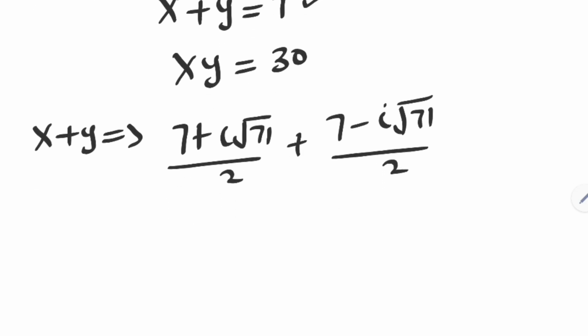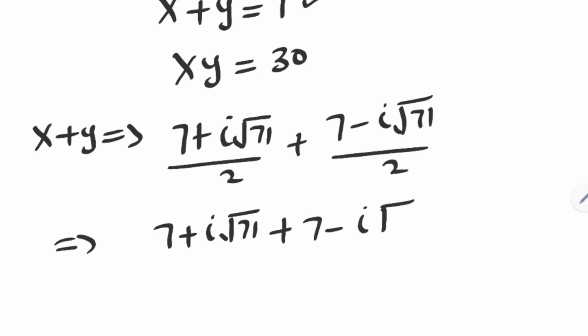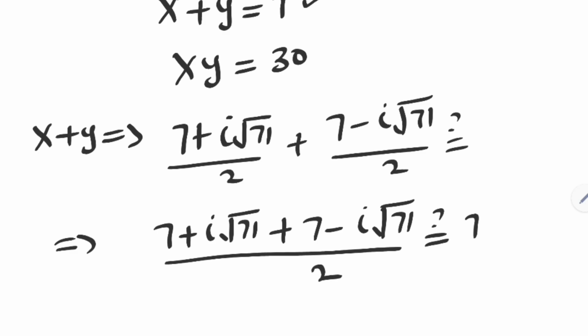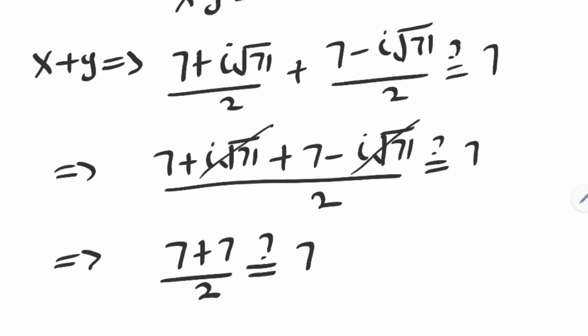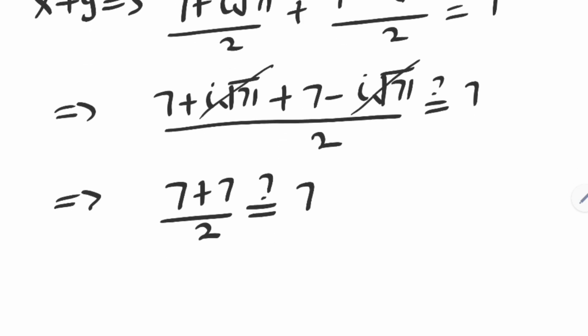The LCM here is 2. We have 7 plus i root 71 plus 7 minus i root 71 divided by 2 must be equal to 7. Then this cancels this. You have 7 plus 7, 14, divided by 2. This is 7 is equal to 7, which is true.